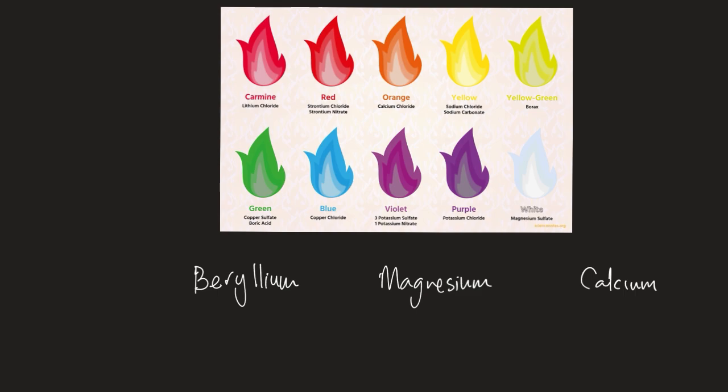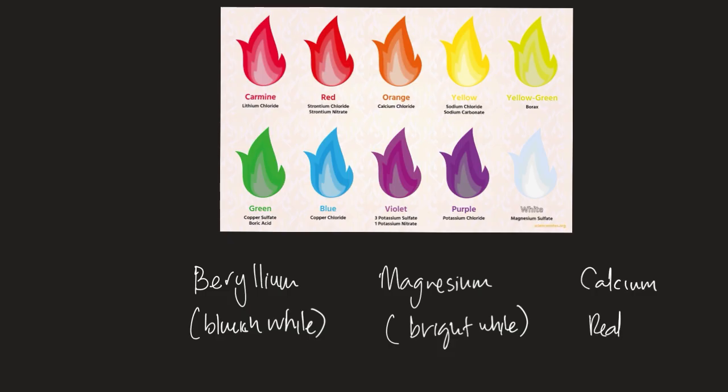So I know that beryllium is like a bluish white color flame. Magnesium is a bright white, and you can't look into it because it's too bright. And then calcium has a red or a red orange. The acceptable answer we're going to take is orange.